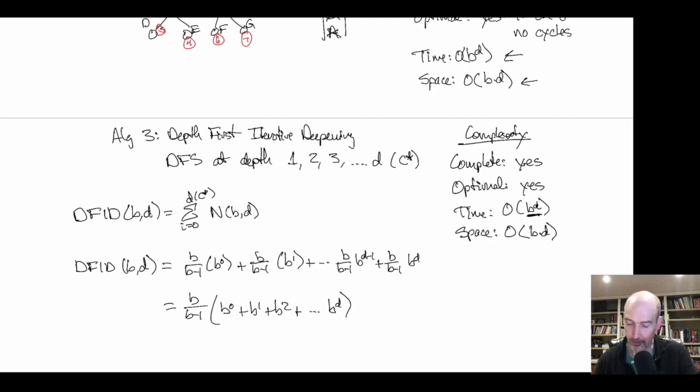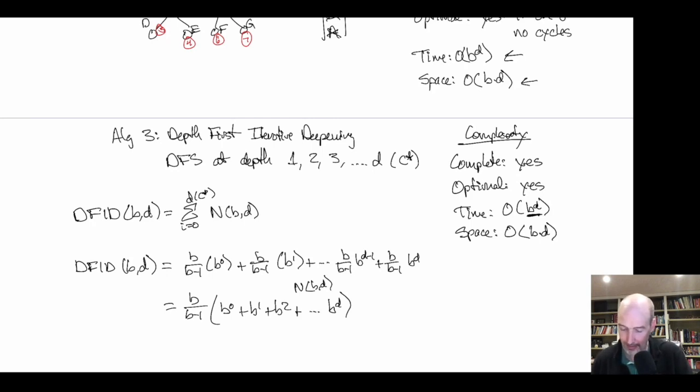What we notice here is that the inner portion of this equation is exactly what we're computing. This is exactly N of b comma d.